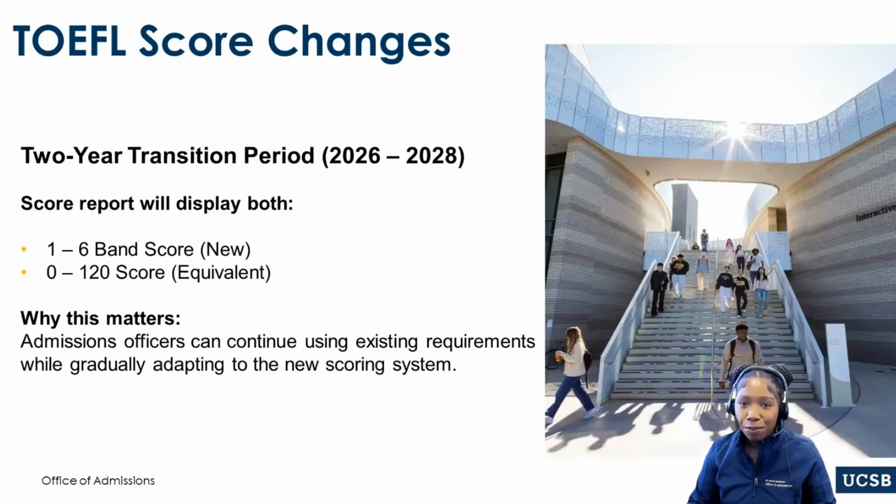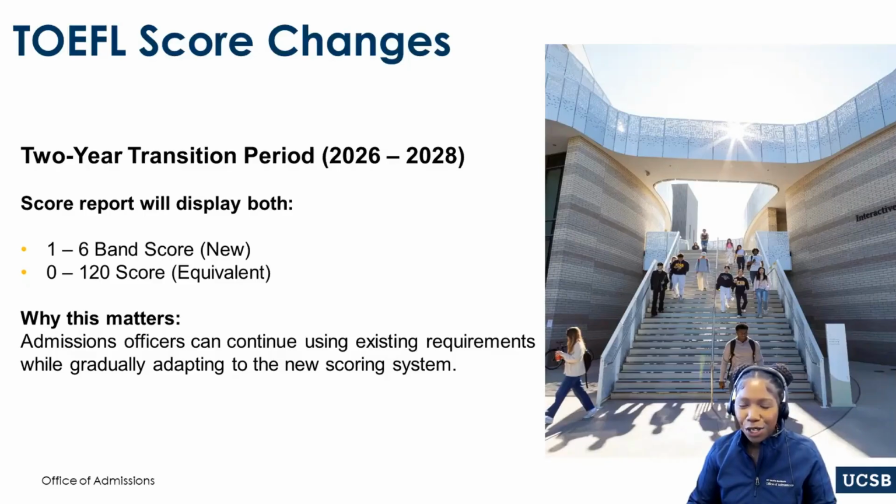To ensure a smooth transition for universities and students, the Educational Testing Service, also known as ETS, has implemented a 2-year transition or grace period from 2026 to 2028 for the new TOEFL score changes. During this time, the official TOEFL score report will display both the new 1 through 6 band score and a comparable 0 to 120 score.